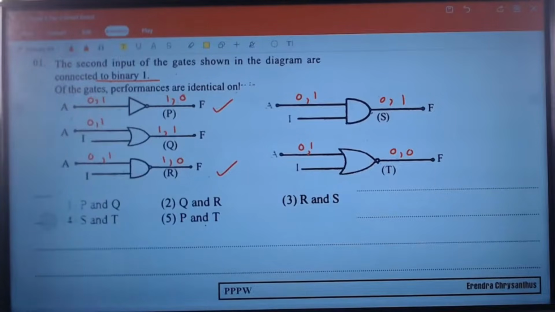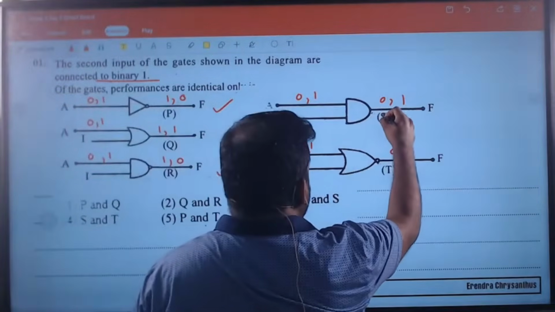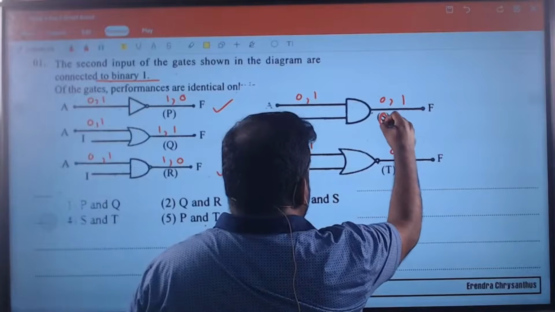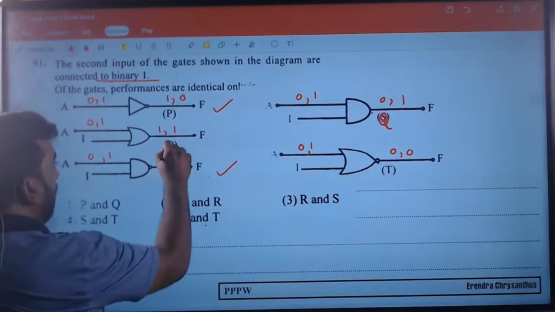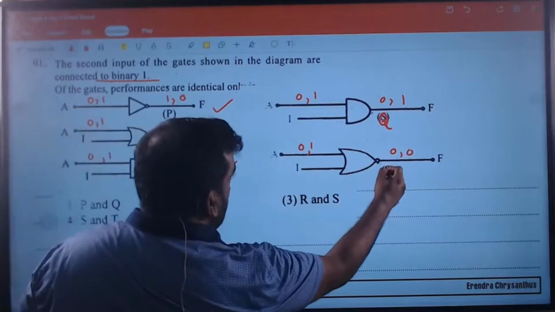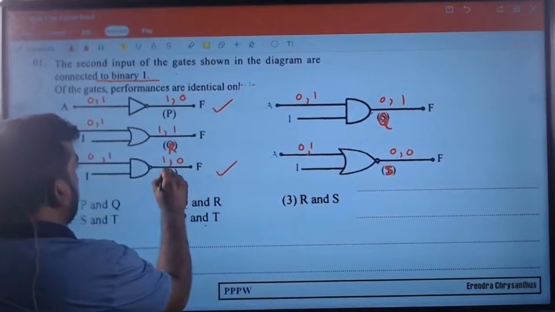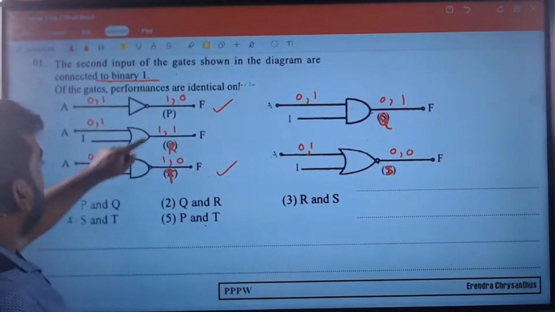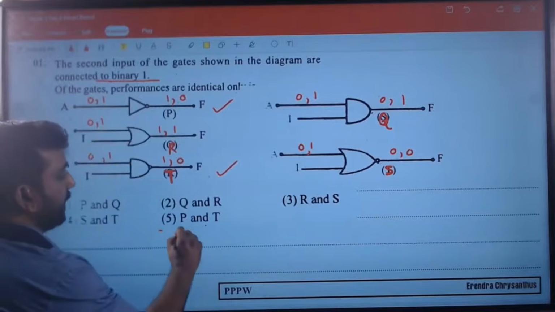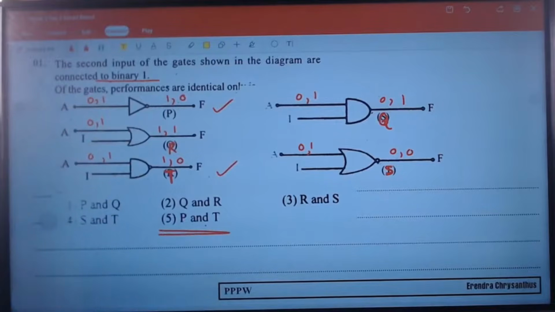P, this is Q. P, Q. R, S and T. Please change that. So P and T have the same answer; the correct answer is answer number 5.